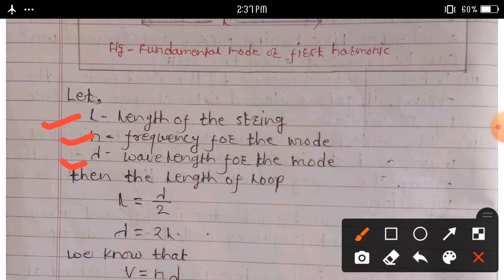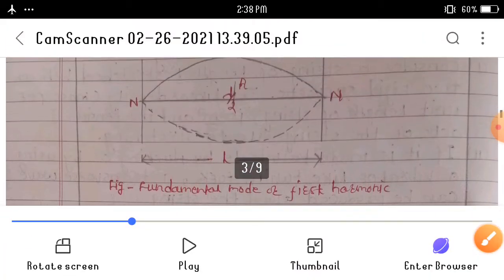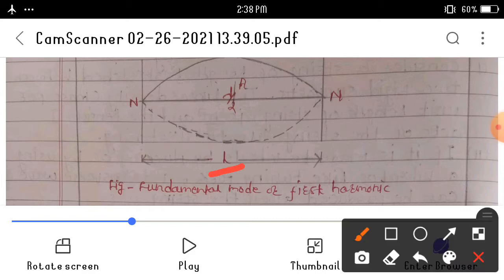Then we calculate the length of the loop. The length of the loop is equal to the length of the vibrating string. So l is equal to lambda by 2. See this diagram.